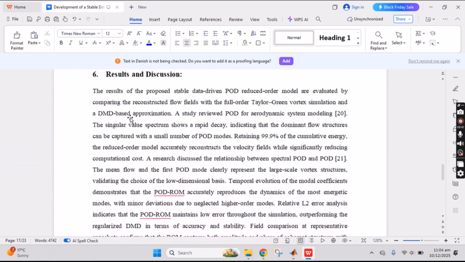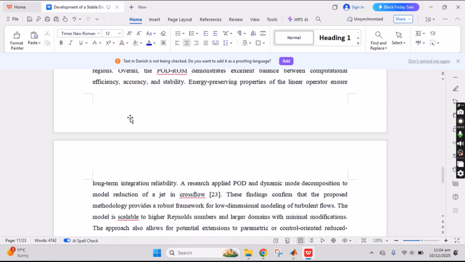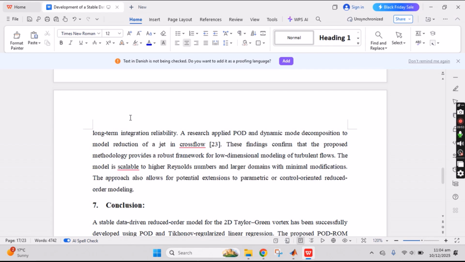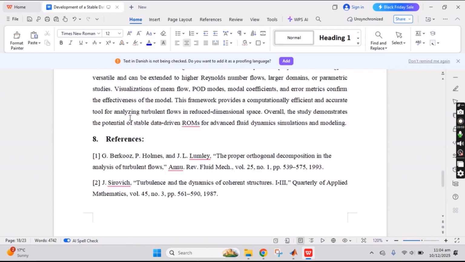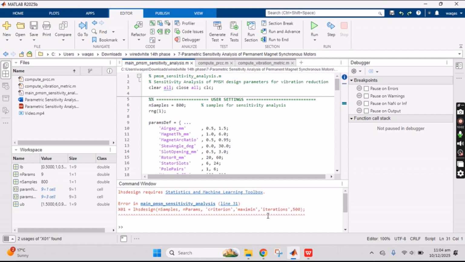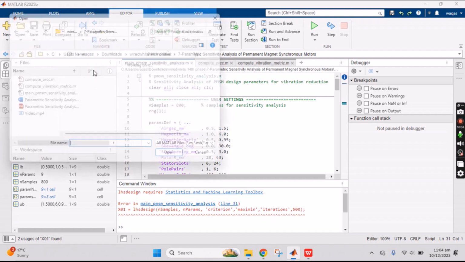Then the results and discussions show how POD and dynamic mode decomposition model reduction occurs, how it provides us stability, and how it provides larger dataset accuracy in terms of prediction. So this is the conclusion and the references.